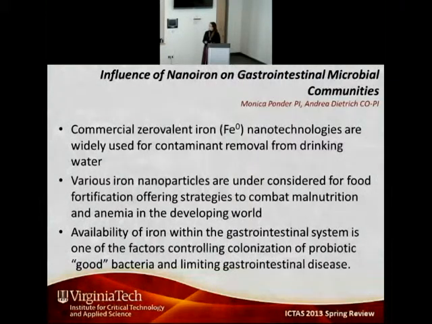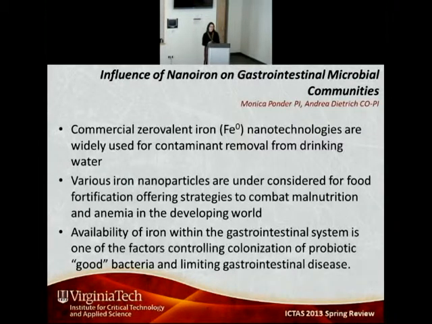These are bars that we provide as food aid to developing countries in times of famine. And so asking whether this nanoiron can become more available for potentially pathogenic bacteria is a really important consideration when you start looking at those vulnerable types of populations.